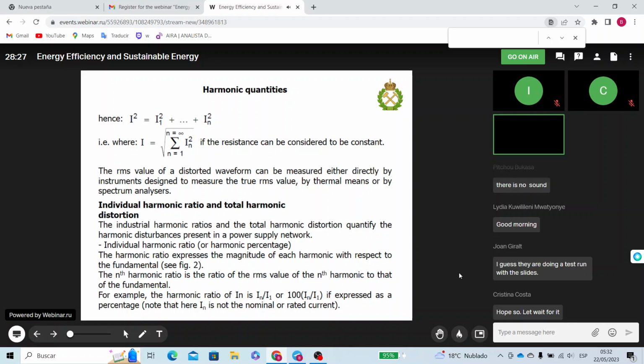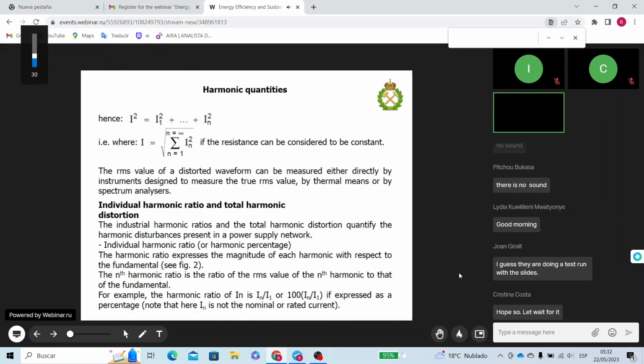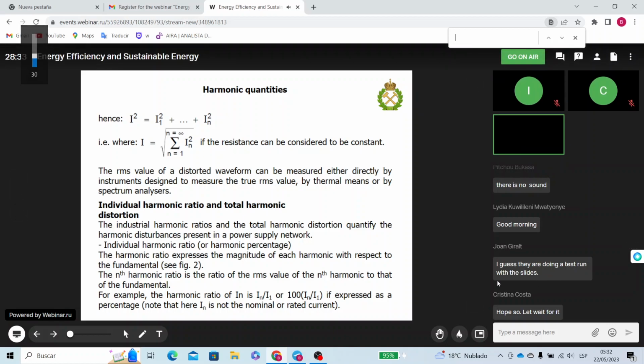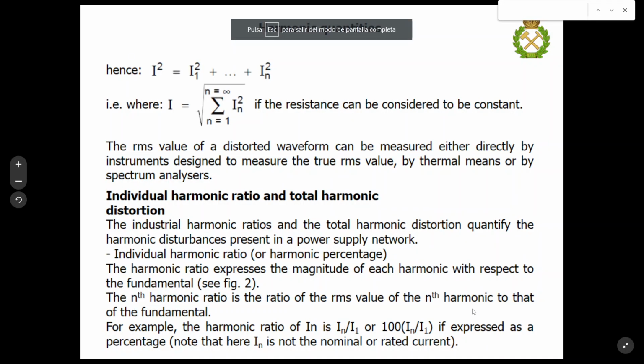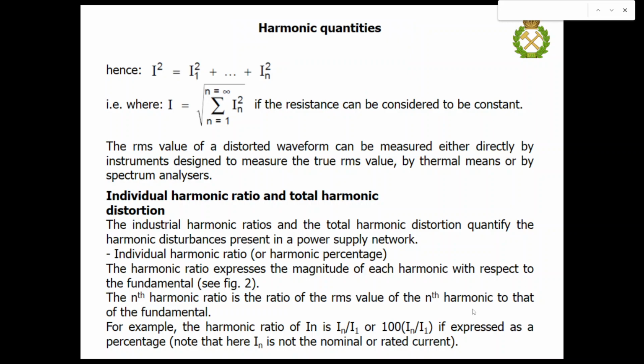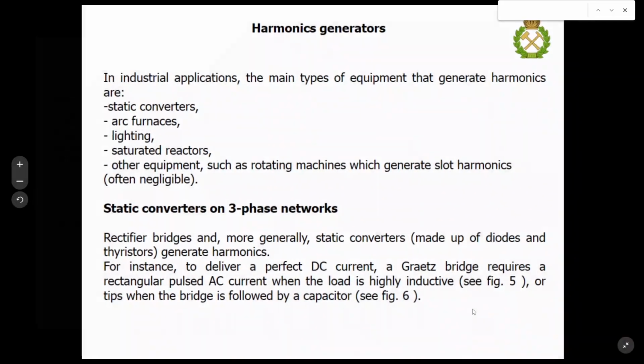The first is the individual harmonic ratio or harmonic percentage. It is the ratio of the RMS value of the nth harmonic component to that of the fundamental. This ratio is often expressed in percent as the percentage of any harmonic.